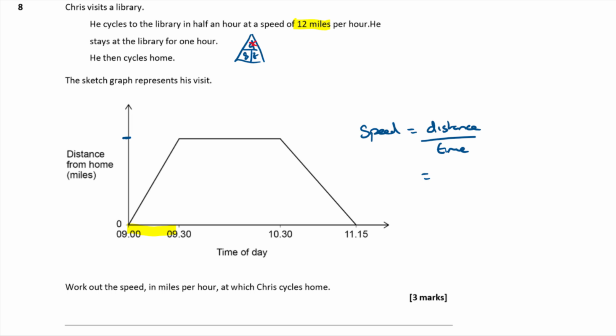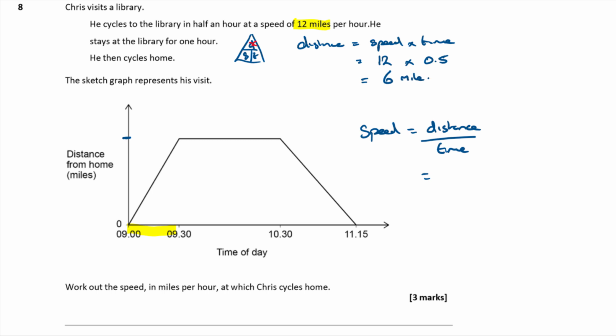We're going to multiply them together. So distance travelled equals speed times time. So we're told it goes at 12 miles an hour. So 12, and we know it takes him half an hour. I'm just going to write that as 0.5 for half an hour. So 12 times a half, that's 6, isn't it? So that's going to be 6 miles.